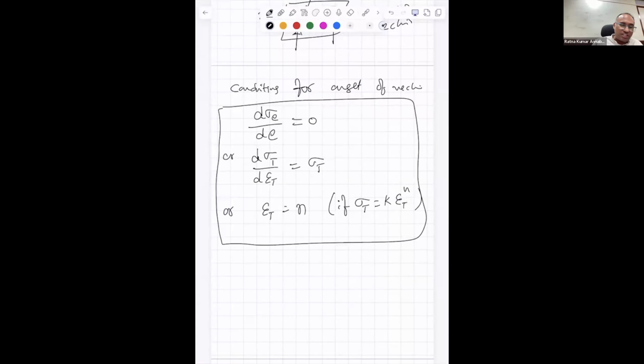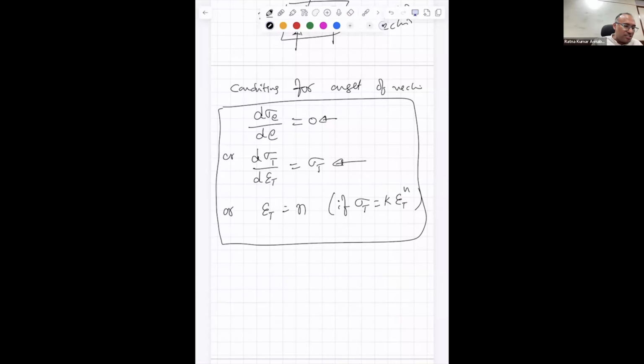If you have an engineering stress strain curve, you can clearly see when the necking happens, when the slope is 0, meaning when the maximum point is there. But when you have a true stress strain curve, you cannot see where the necking begins because there is no maximum point.